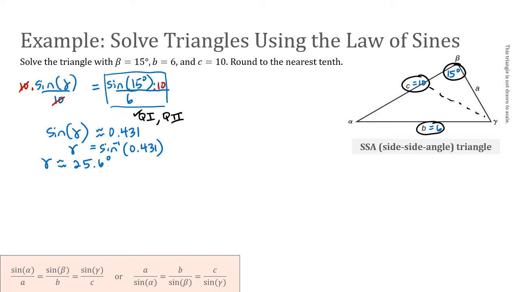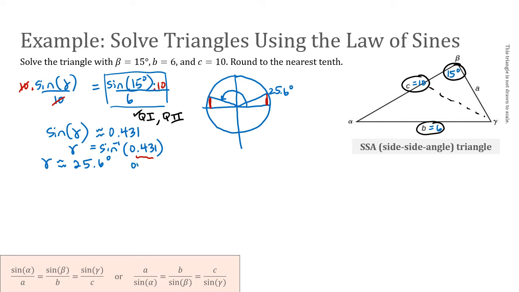Now, to find the quadrant 2 answer, I need to remember how to do that. I know that in a circle, let's just sketch out a circle here, if I have the 25.6 degrees over in the first quadrant, that sine of 0.431 is the height. That height is also over in quadrant 2. And the way that I can find that quadrant 2 angle is by taking 180 degrees.